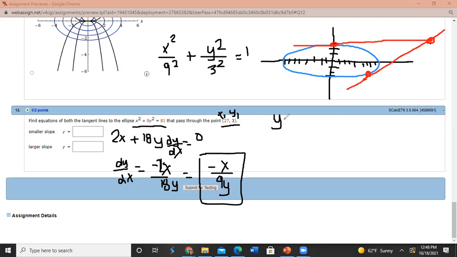So what we'll do is we'll say y minus y1 equals m times x minus x1, right? And we'll go ahead and substitute in there 3. And we'll replace the slope, even though we don't know exactly what it is because we don't have the point on the curve.